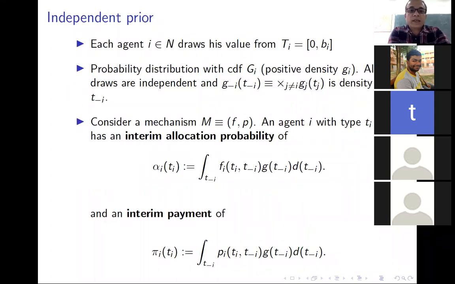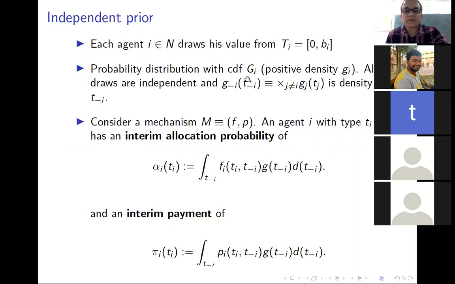So we are going to look at an n agent problem. Each agent has a type space, which is this interval 0 to b_i for agent i. And these b_i can be different. So potentially we are allowing these agents to be heterogeneous in the sense that some bidders might have very high value for the object, some bidders might have low value for the object, and so on. We also allow that the priors, or the probability distributions from which agents draw their types, are different across agents.